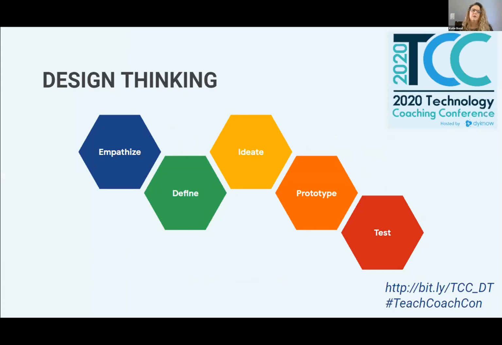This process is well known. Google uses it. A bunch of big companies use it as a way to problem solve through creating products. Something that is well known for using design thinking, if you think of Google Glass, which is funny because we don't even really see that anymore, they started with a cell phone attached to glasses, and through the stages of design thinking and going back through that cycle, they were able to develop it into a more refined product.